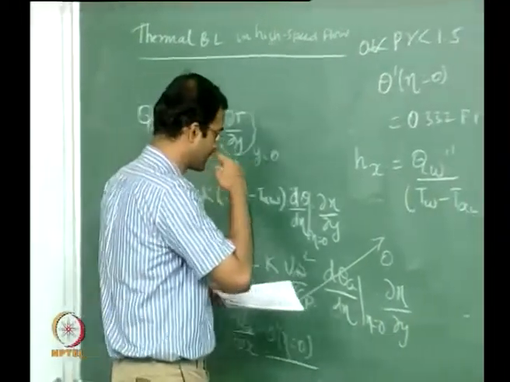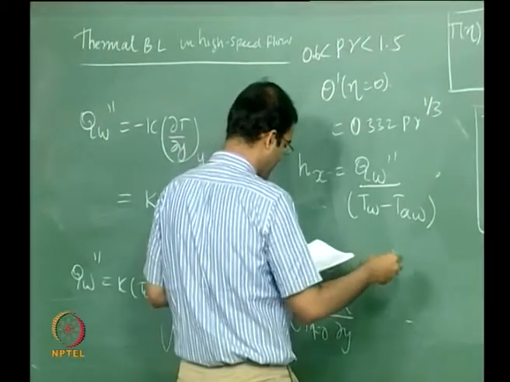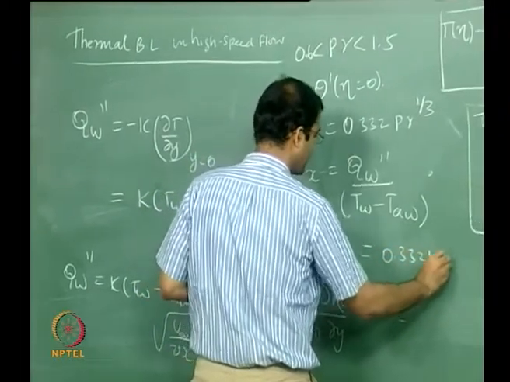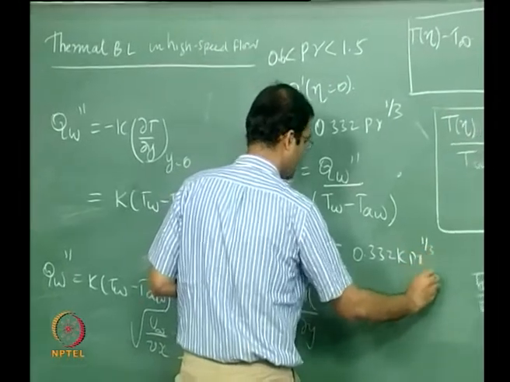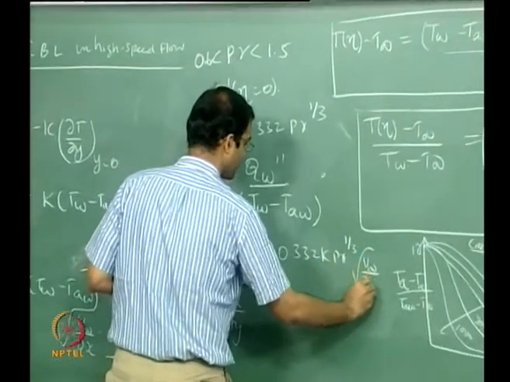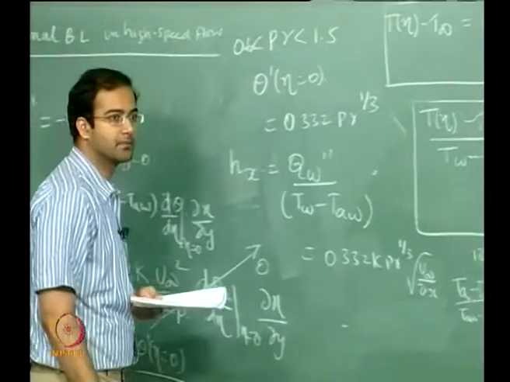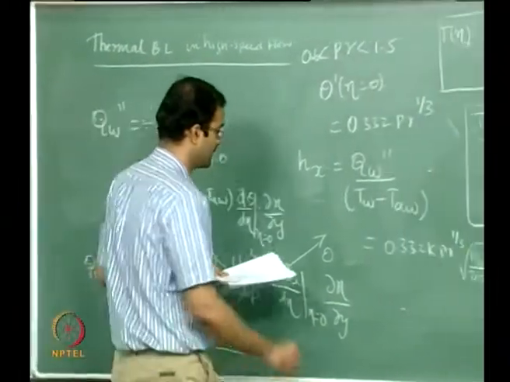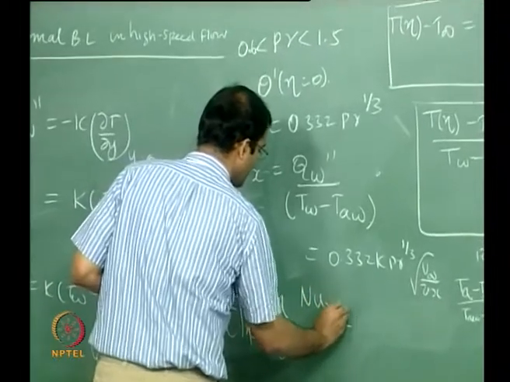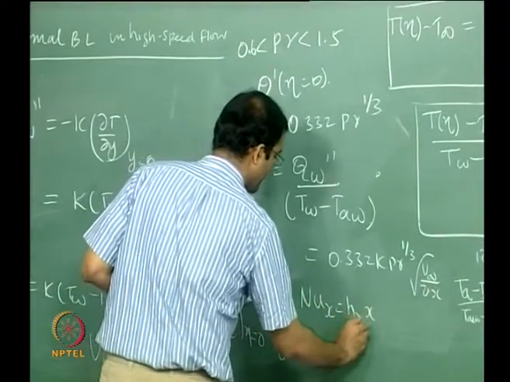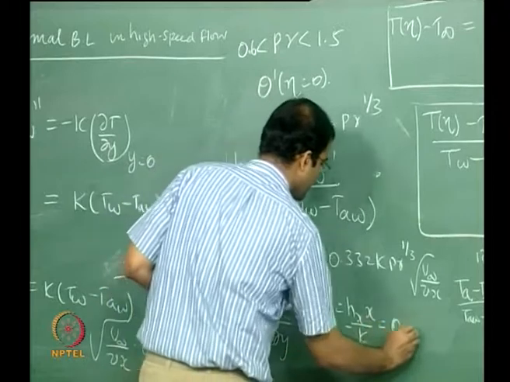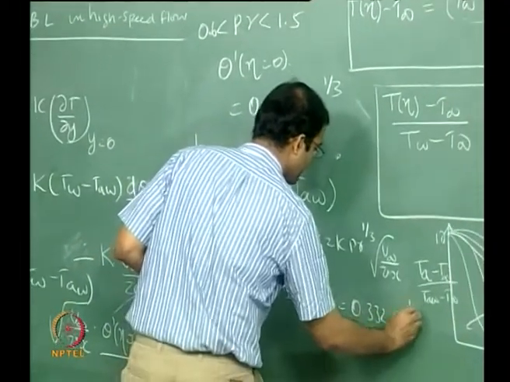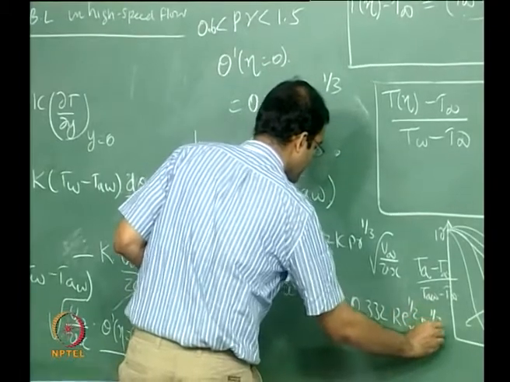So in that case, this will come out to be 0.332 k Prandtl number 1 by 3 square root of u infinity by nu x. This will exactly cancel the temperature differences, and therefore my local Nusselt number I can define as Hx by k will be 0.332 into Reynolds number power half Prandtl number 1 by 3.